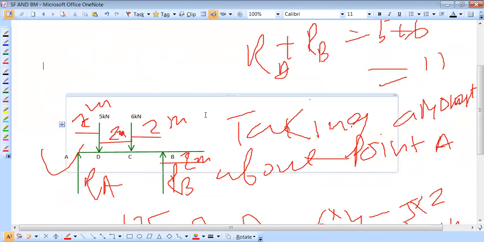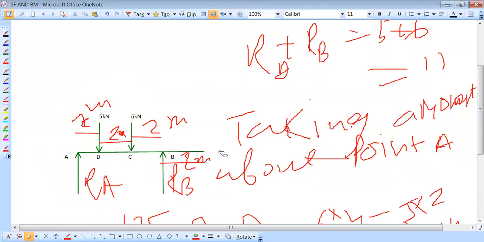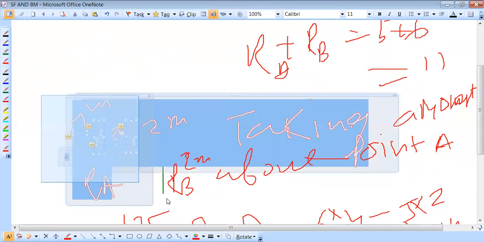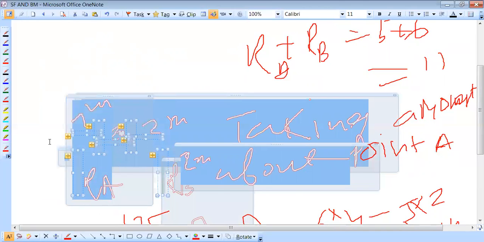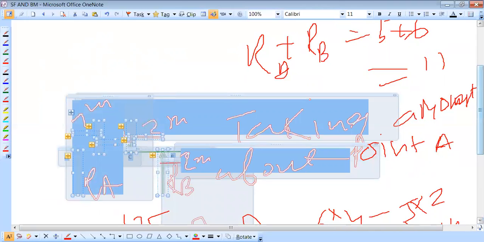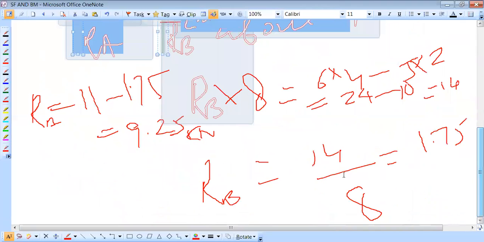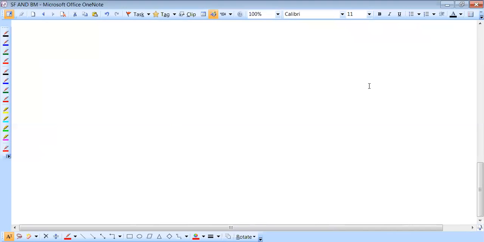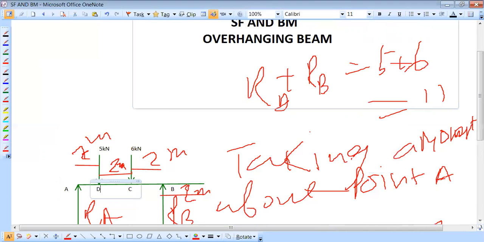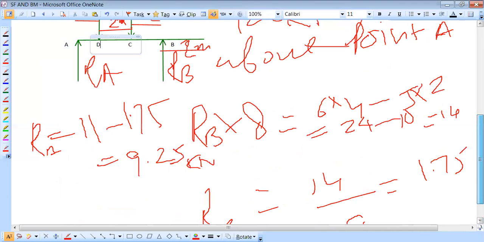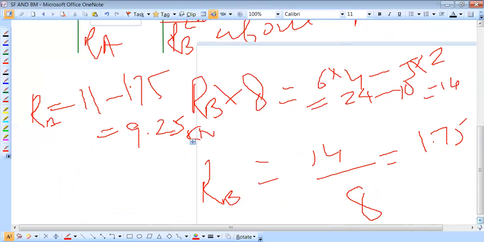I have erased some portions for understanding, so take this figure from here, copy it, and paste it here. First the loaded view, with 2, 2, 2 meter spacing.